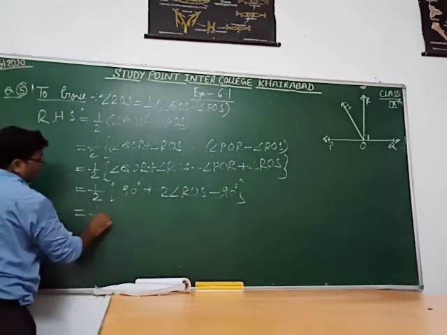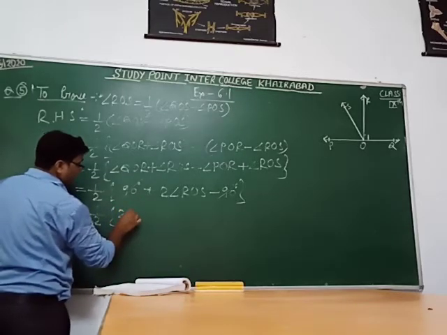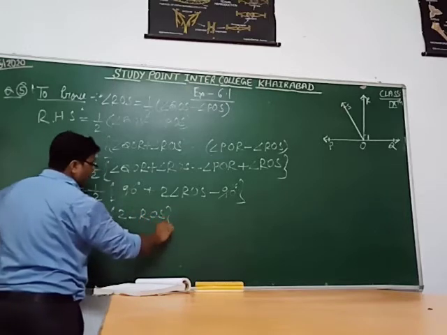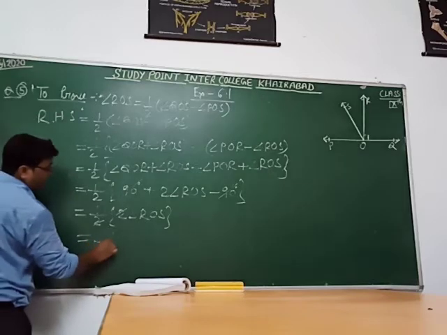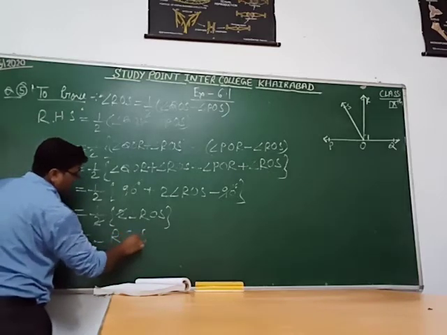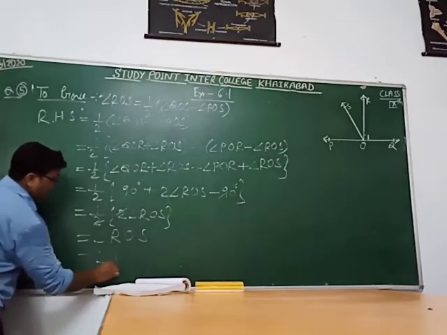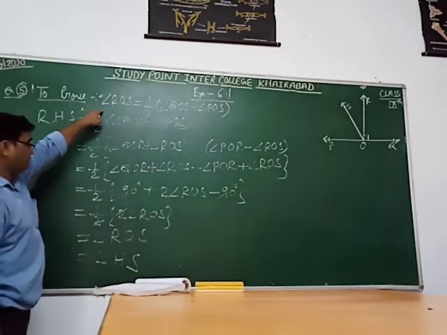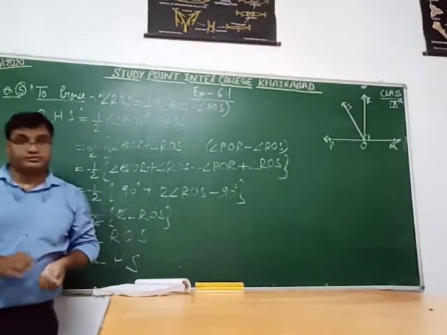So 1 by 2 into 2 angle ROS, the 2s cancel out, and angle ROS is left. Equal to LHS, which we have to prove.